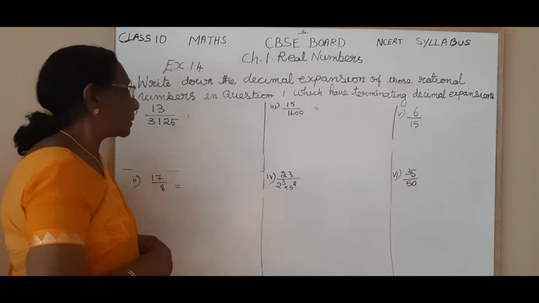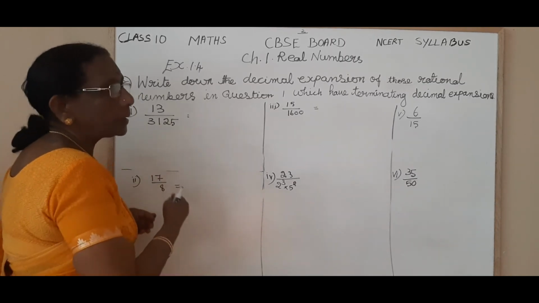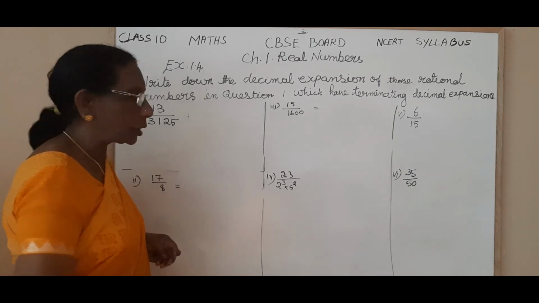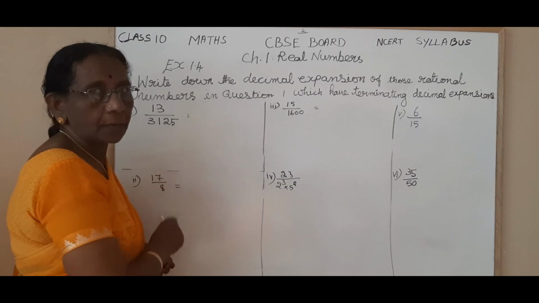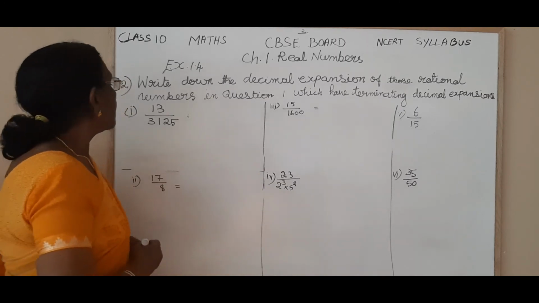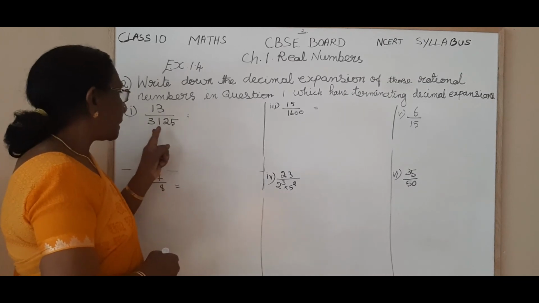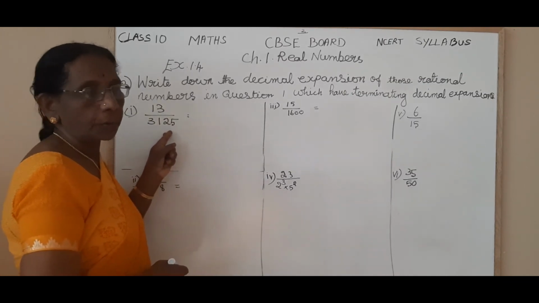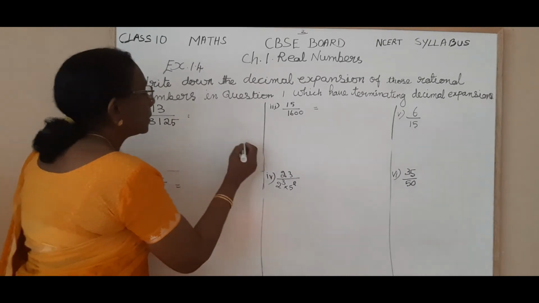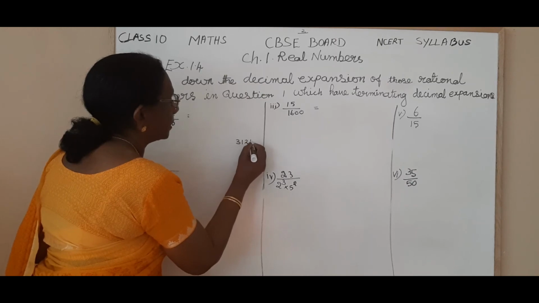So in this question, we are going to write the decimal expansion of these terminating decimal rational numbers. For that, what should you do? You have to find the prime factors of the denominator q. First step, write the prime factors of the denominator q.